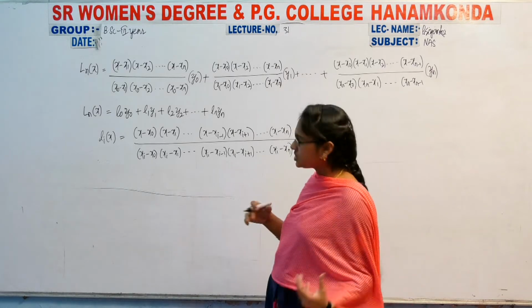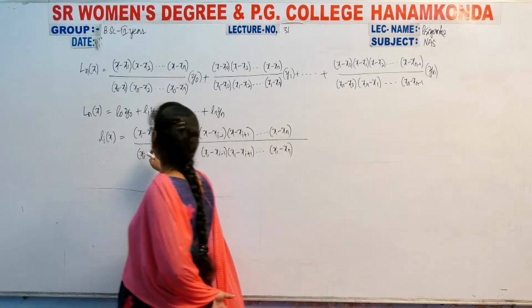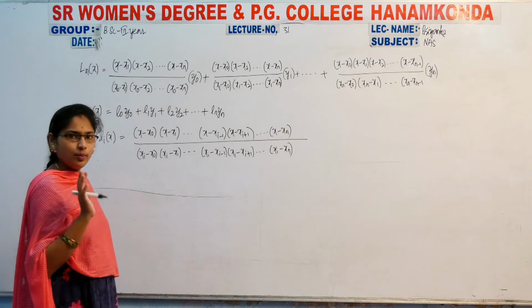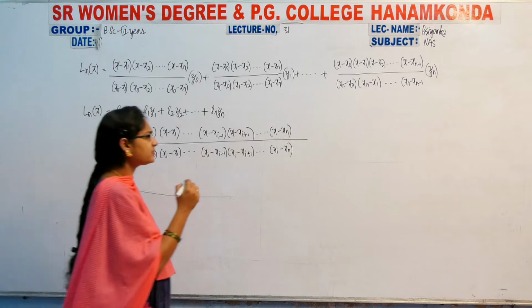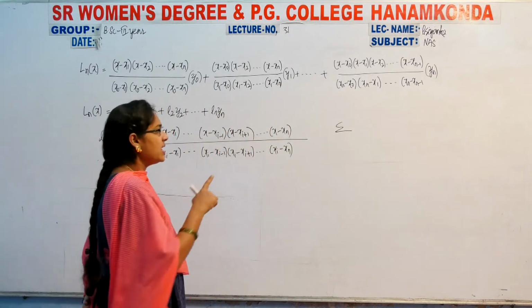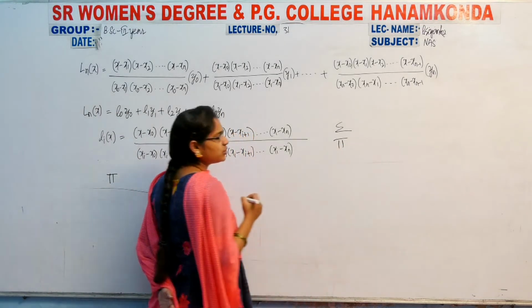Additionally, we can write this entire value. Here do we have a product or addition? Product. So the product is denoted with pi, and when you have plus, you have to use a summation. When you have a product, you have to use pi.